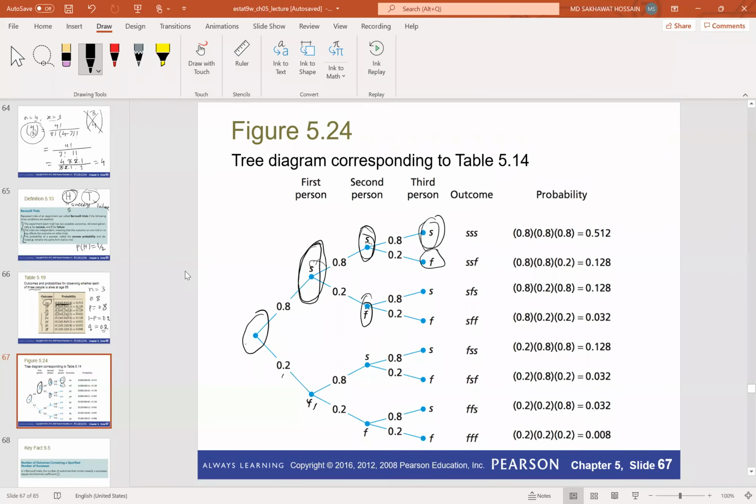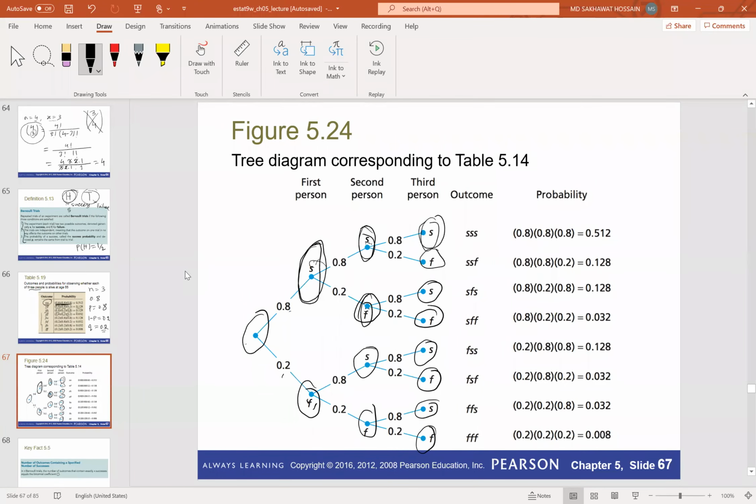So from here, if we have failure, then the third person has possibilities as S or F. And for the first person, if it is F, then for the second person, it could be S or F. And for the third person, it could be S or F. And for the third person here, it could be also S or F. So you can also calculate the probability using a tree diagram.